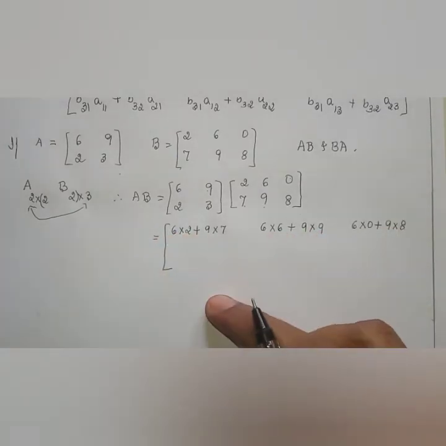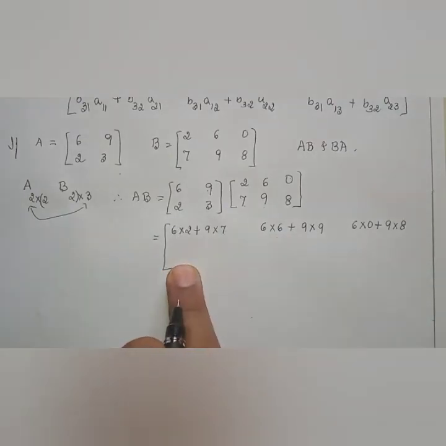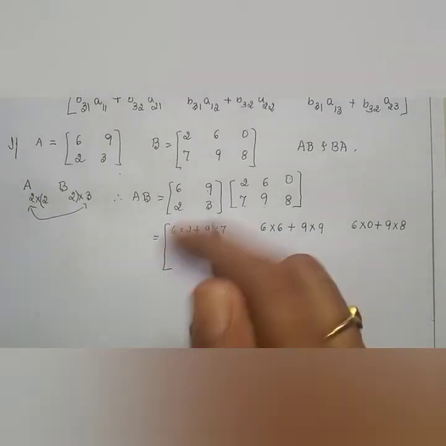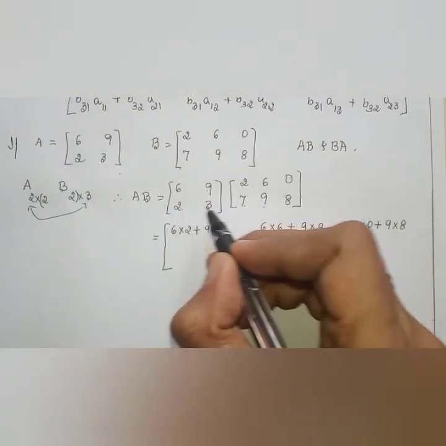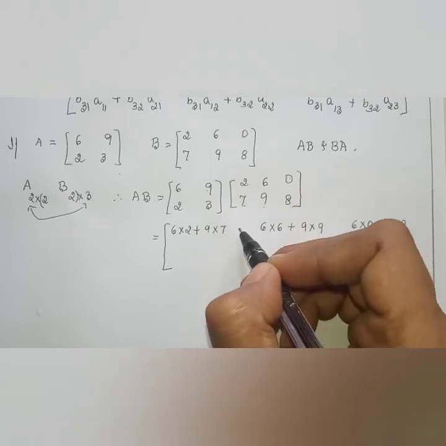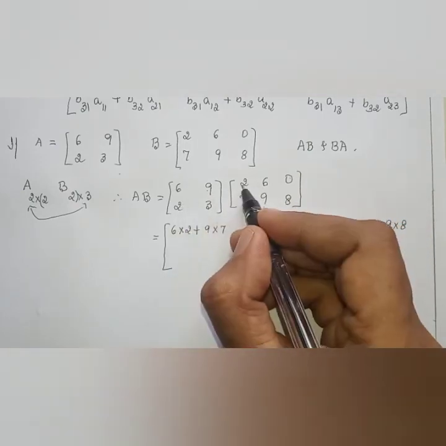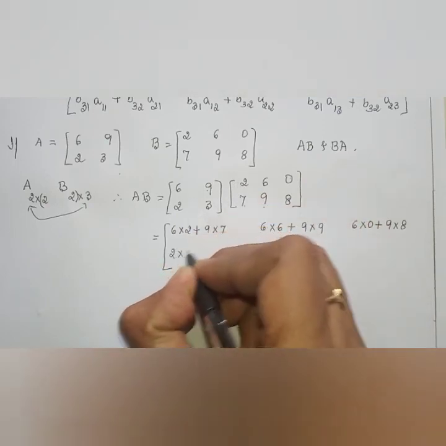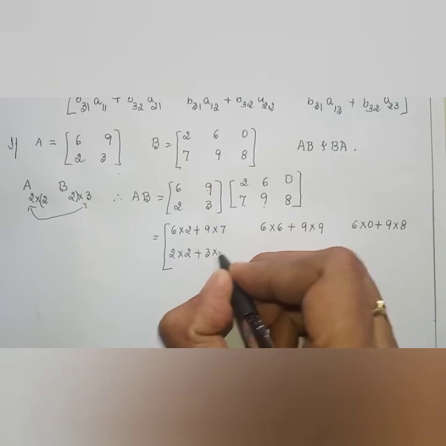Next, second row. This entry lies in second row, first column, left to right and up to down: 2 into 2 plus 3 into 7.